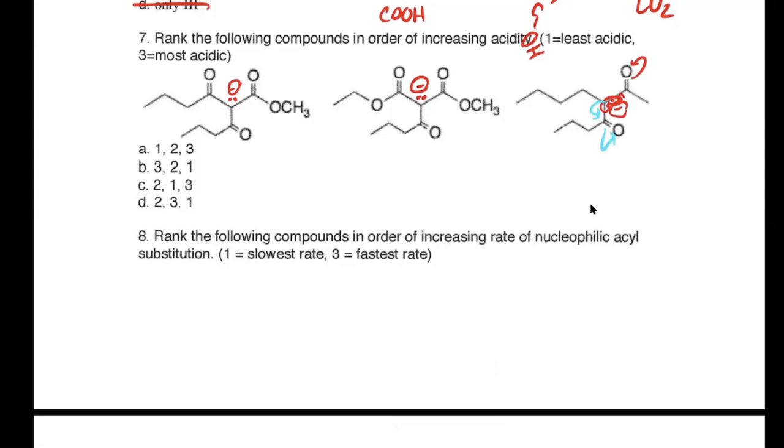We can draw these two extra resonance contributors in addition to the one we currently have, and for the other two, we could draw 3. So I would automatically put the one on the very far right as 1, the least acidic, because its conjugate base is not as stable. Now we want to compare the middle one and the one on the very far left.